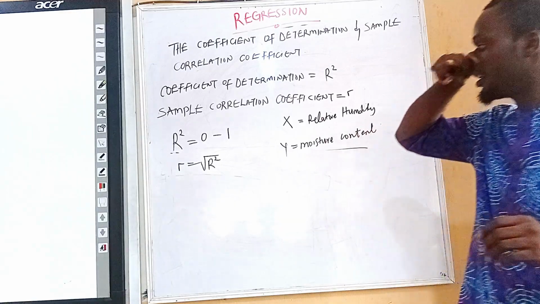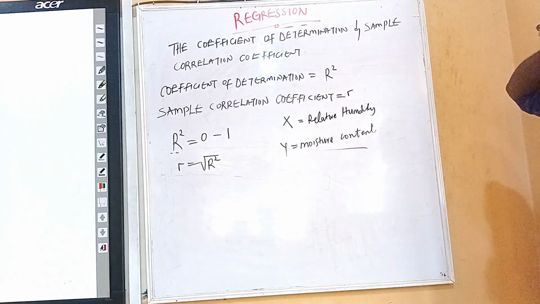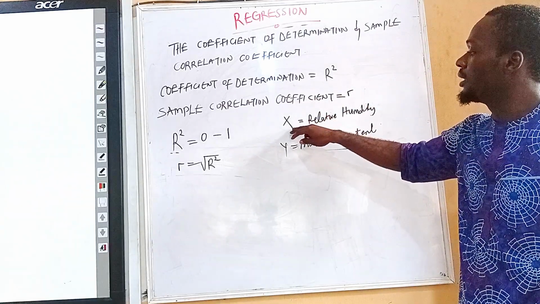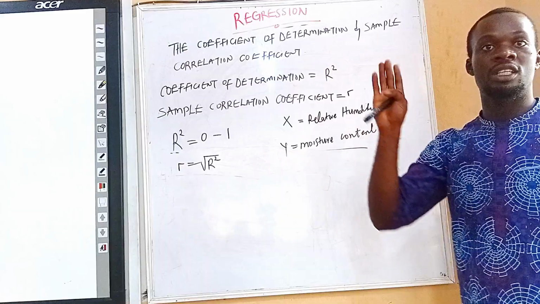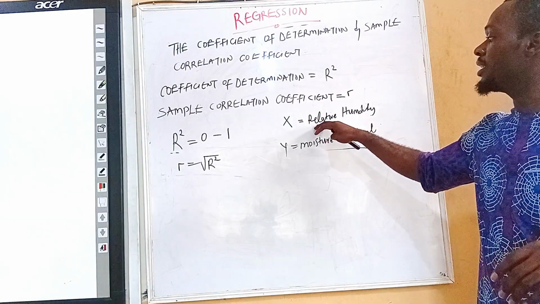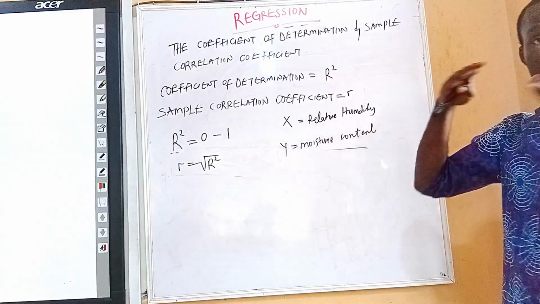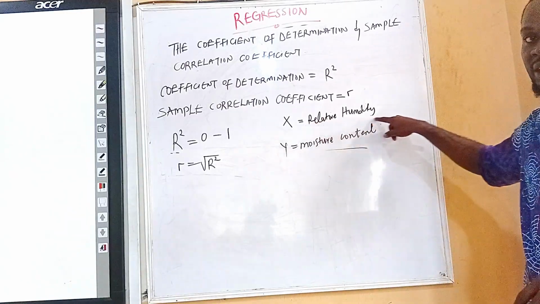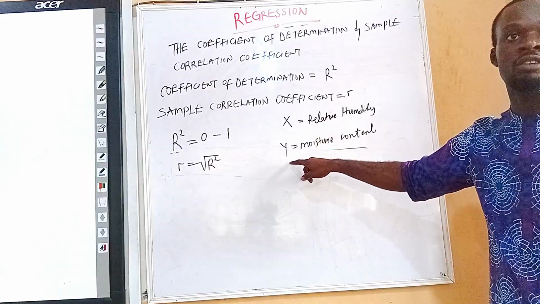Okay. In the first example, a raw material was stored for 15 days, so each day they take the relative humidity of that material and also check the moisture content of the material.